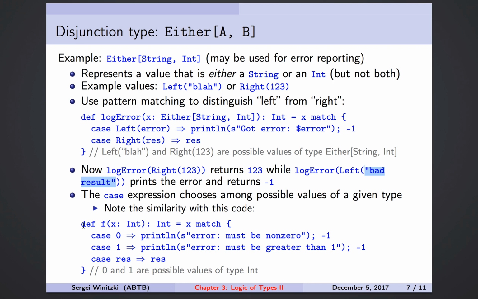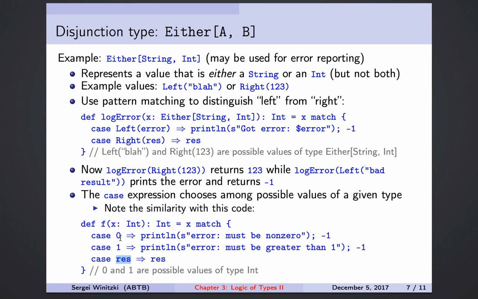And here is another way of using case expressions with types that don't look like a disjunction, like int, where I say x, which is an argument of this function, x match, and then I enumerate certain cases, 0, 1, and then all other cases.